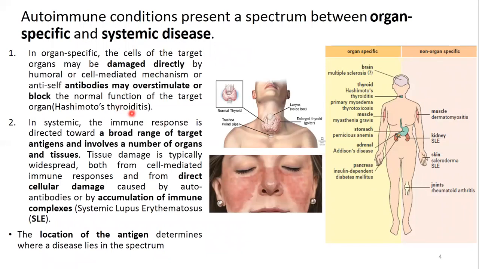In Hashimoto thyroiditis, some autoantibodies target thyroglobulin and thyroid peroxidase, which exist in the thyroid tissue or thyroid cells. They aid in iodine uptake.